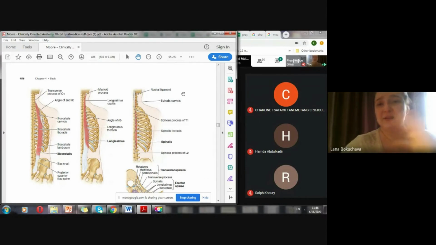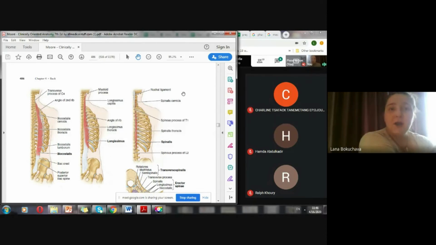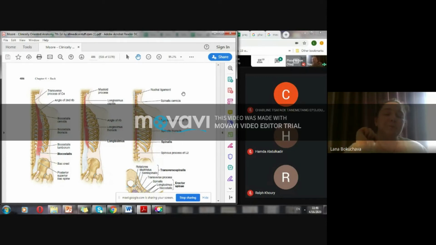An important thing, they are helping to extend the vertebral column from the flexed position. So when we're flexing, for example, to get something from the floor, and then we are extending, in this case, the erector spinae muscles are helping us to do that, and this is particularly the intermediate layer of the intrinsic back muscles.